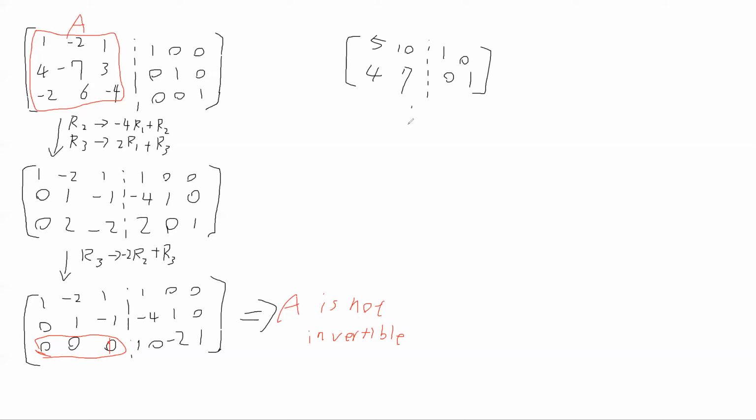All right, so first our goal is again to make the left hand side the identity. All right, so redo: 5, 10, 4, 7, 1, 0, 0, 1.